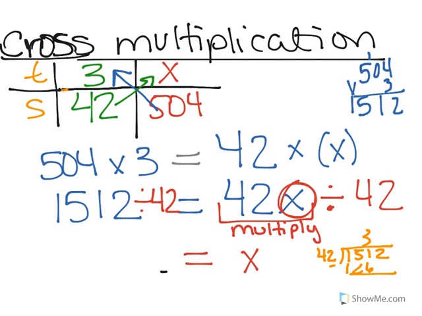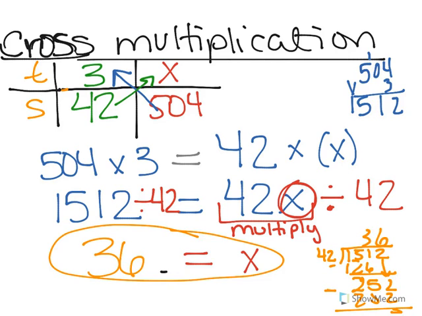We subtract, and that tells me 25 left over. Bring down my 2. And I know that 42 times 6 gives me 252. Okay, so that tells me my answer is 36. So x is equal to 36. That means there are 36 teachers for 504 students. And that is a second way to solve a proportion.